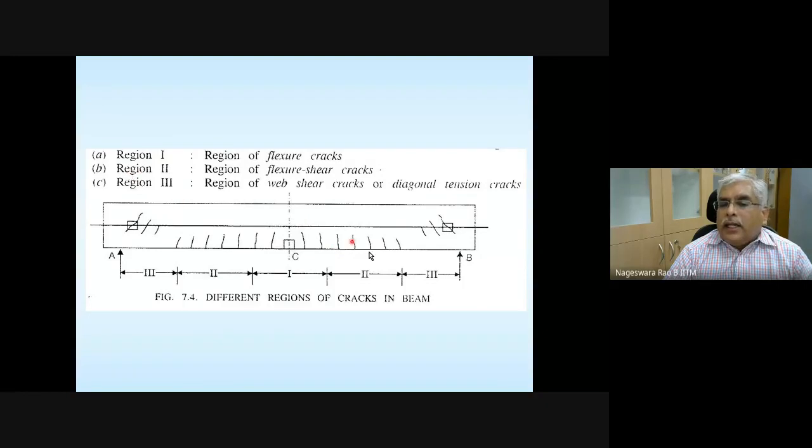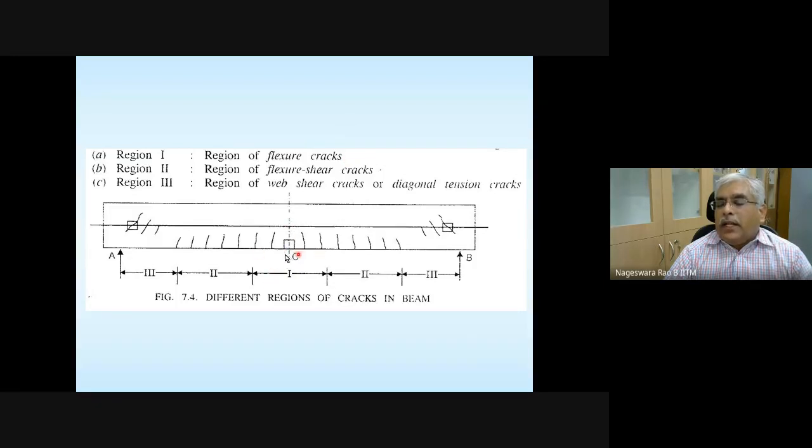And in region 2, you have a combination of bending stress as well as shear stress, so the cracks slightly deviate from this 90 degrees angle.